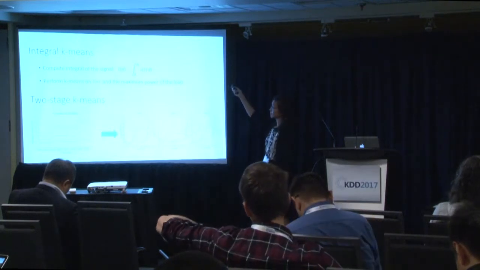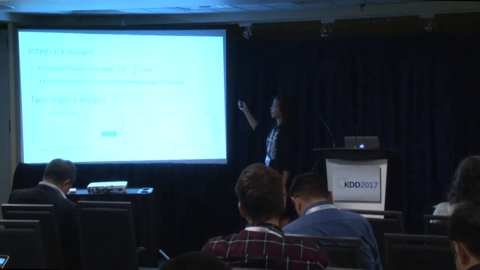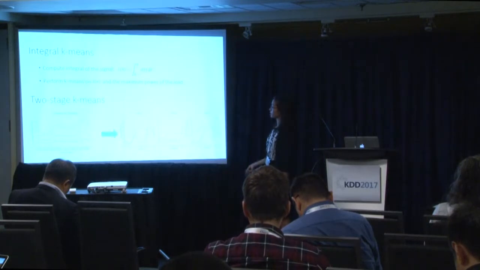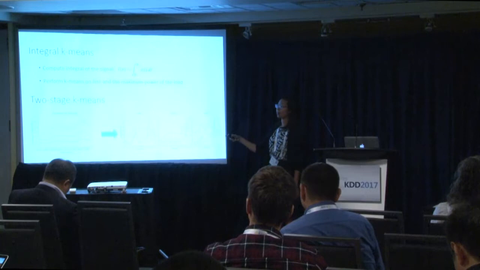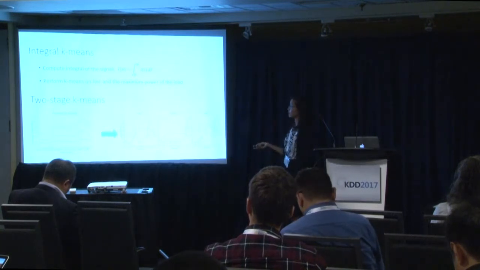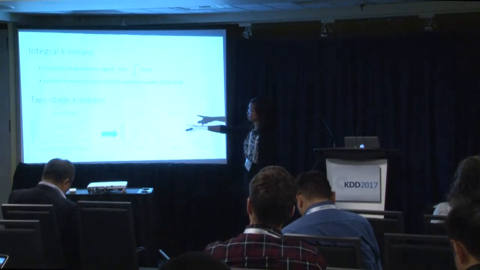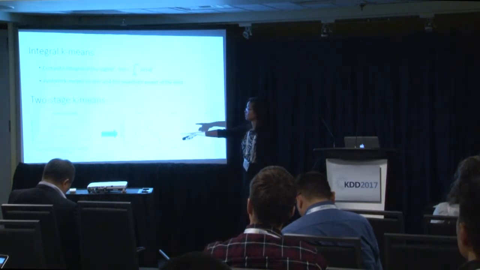So if n is 10 a.m., then we get the energy used during those 10 hours at that time step. And then we perform K-means on this integral sequence, as well as the maximum power of the load.